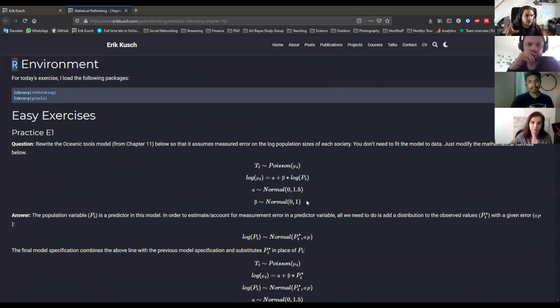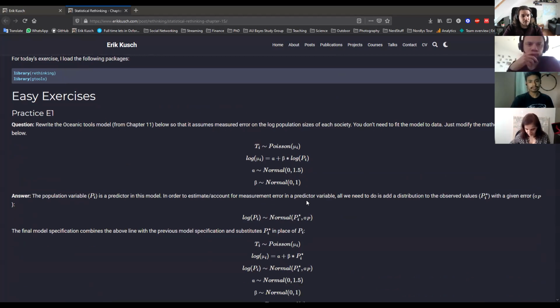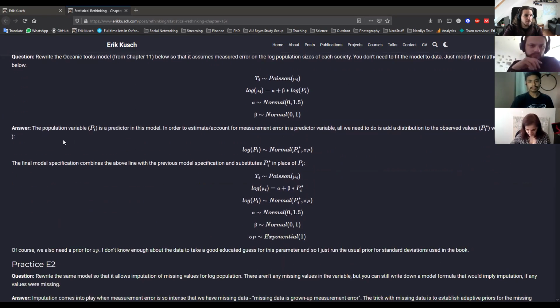Otherwise, I'll just quickly talk about how I got to the solution here, which is that in this case, all we really have to do is take our population variable, P_i in this case, and simply write another prior for this with a certain distribution for our true P_i, which we don't know, but we know our observed P_i, P star i, that is right here, which in my case just follows a normal distribution and some standard error around that.